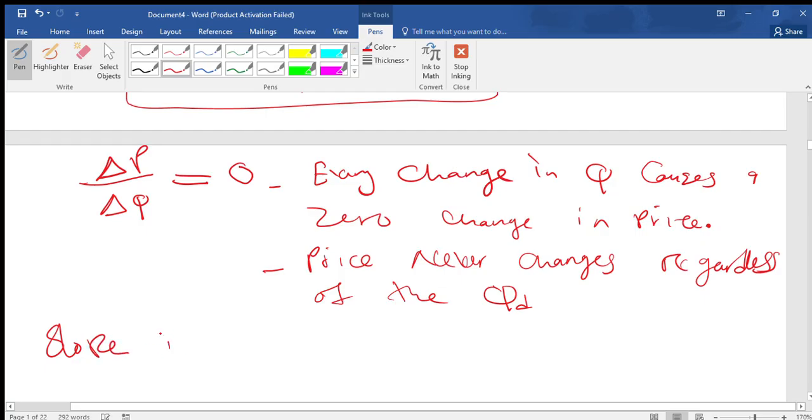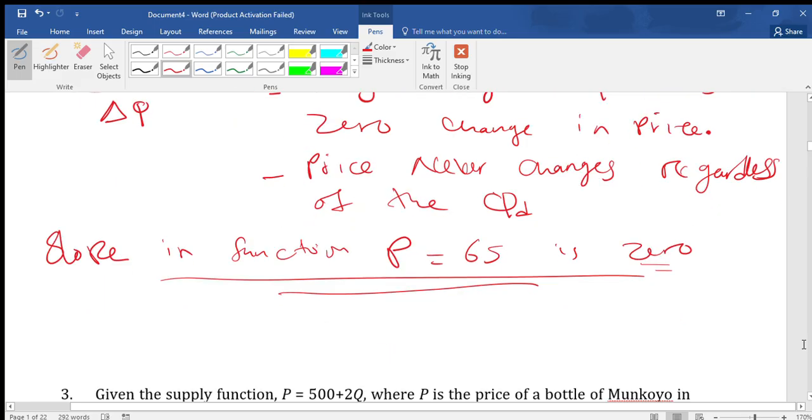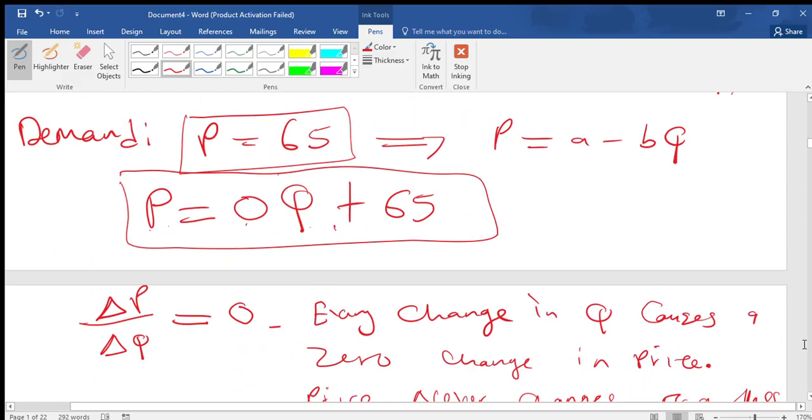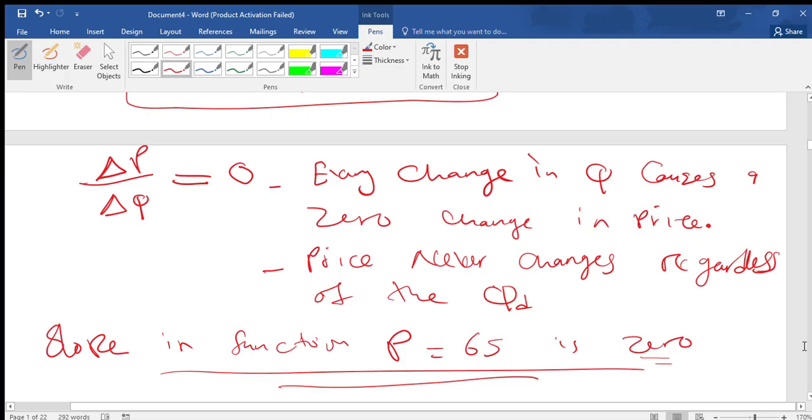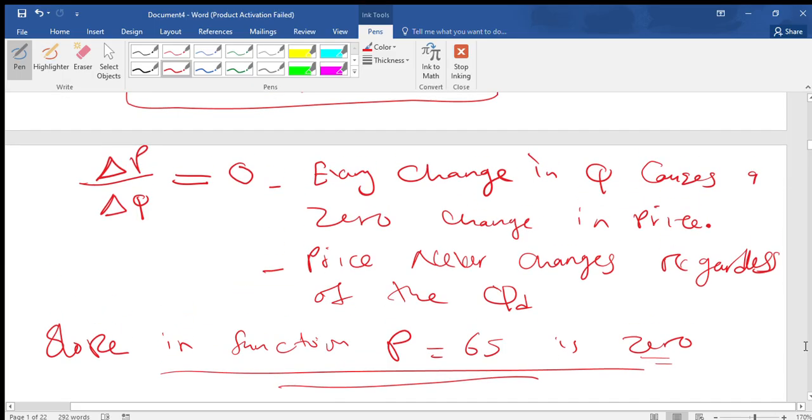The slope in the function P equals to 65 is just 0. This is the meaning of why we have the slope to be equal to 0. As simple as that. And then if we would want to plot this, how do you plot it? This is just a horizontal line passing through 65 on the y-axis.